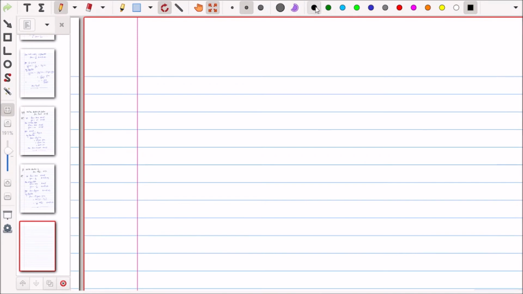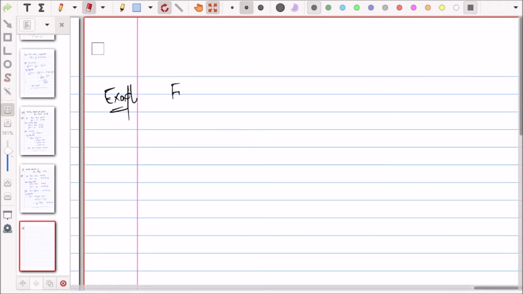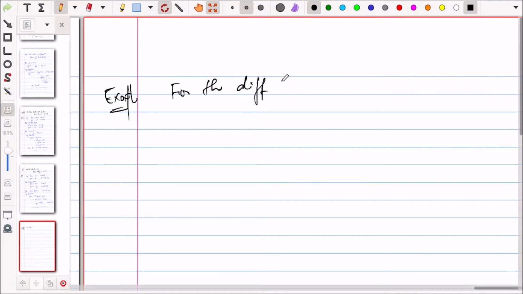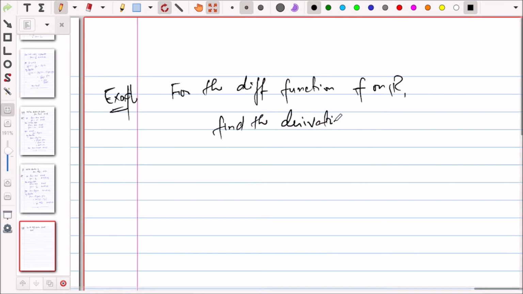Another example, let us take for the differentiable function f on R, find the derivative of mod f.